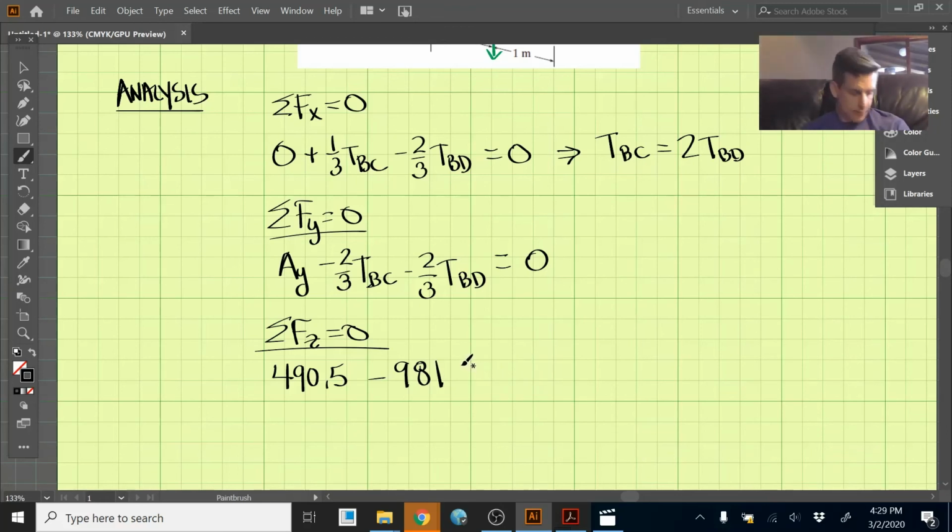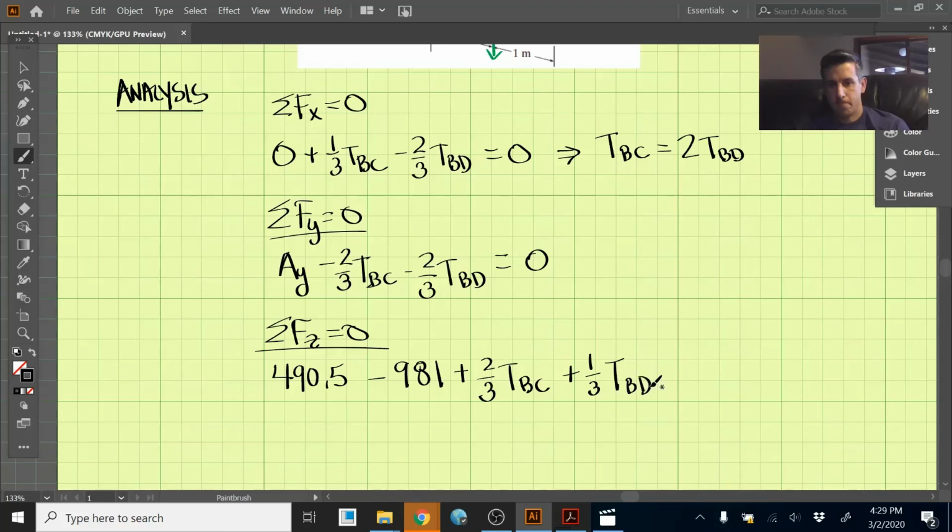And then we have positive 2/3 TBC, and then a positive 1/3 TBD. And that should equal 0. So it requires a little bit of algebra here. So we can first start by taking this equation here, and we can substitute 2 TBD in down here and solve for the tension in BD.